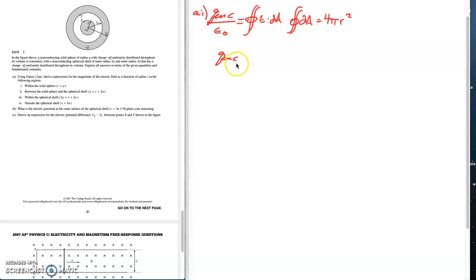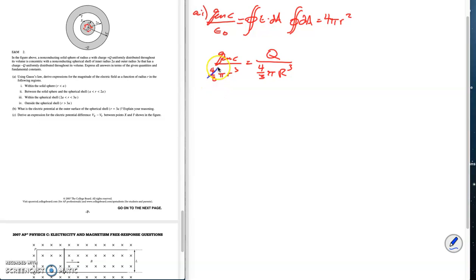So for part 1, within the sphere, we need a volume within the sphere. So this volume here is going to be 4/3 pi little r cubed, and that is going to be related to 4/3 pi big R cubed because it is uniformly distributed. So the ratio of little charge to little volume is going to be the same as the ratio of the big charge to the big volume.